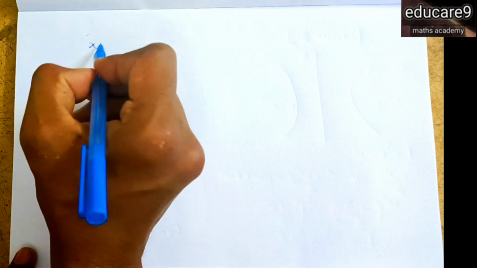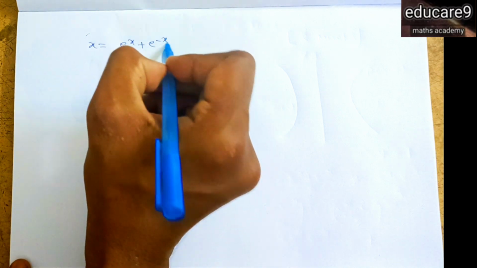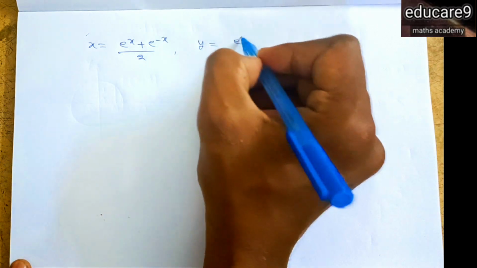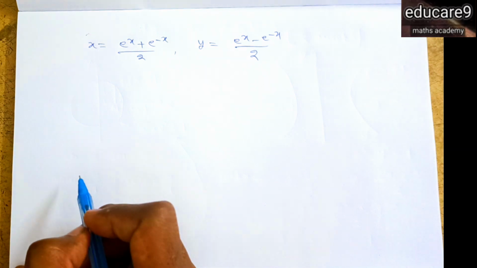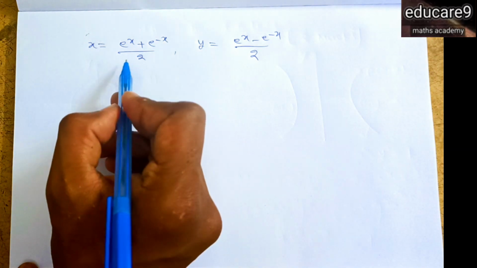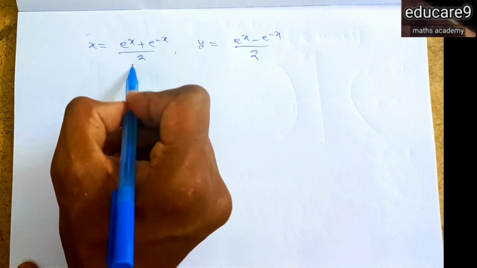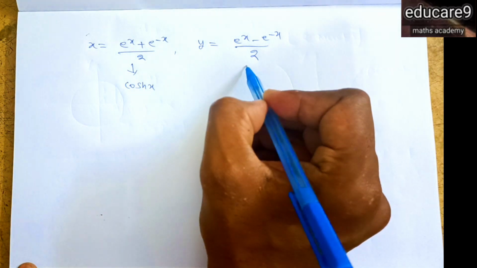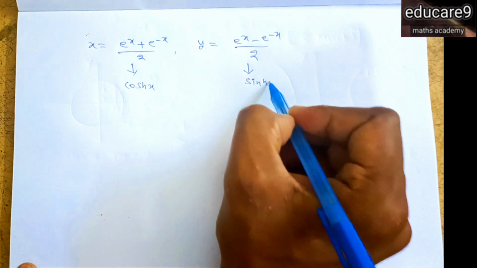So clearly x equals (e power x plus e power minus x) by 2, and y equals (e power x minus e power minus x) by 2. Here (e power x plus e power minus x) by 2 is defined as cos hx, and (e power x minus e power minus x) by 2 is defined as sin hx.